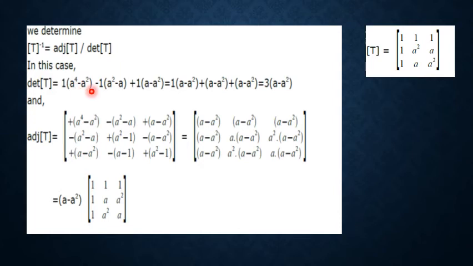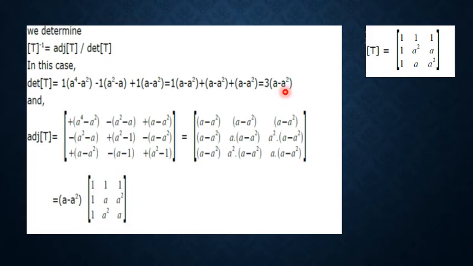How to get the determinant and the adjoint of a given matrix you already studied in the previous module and in your mathematics subject, so there is no need to explain it; hope it can be understood from the given equations. After simplifying, the determinant of the matrix T is 3 into a minus a square.